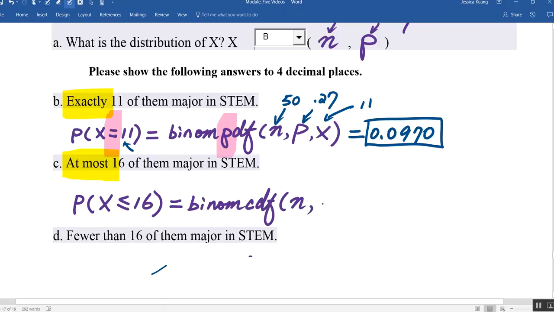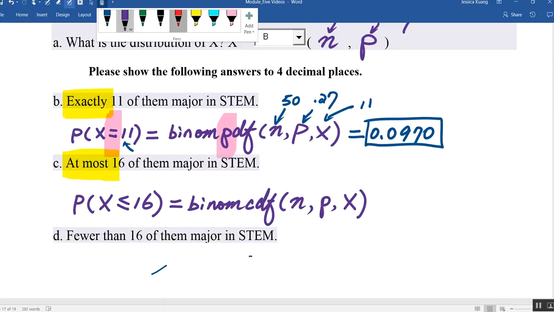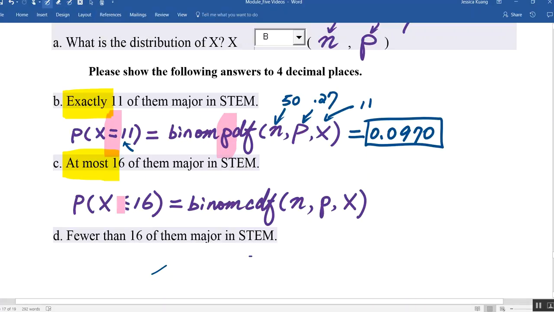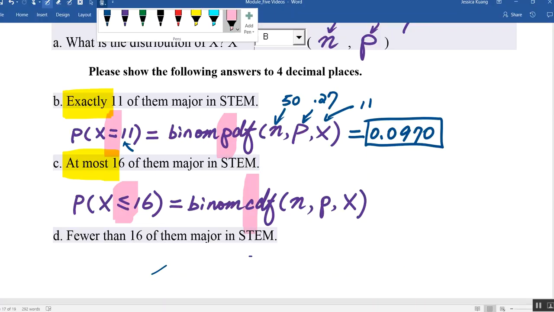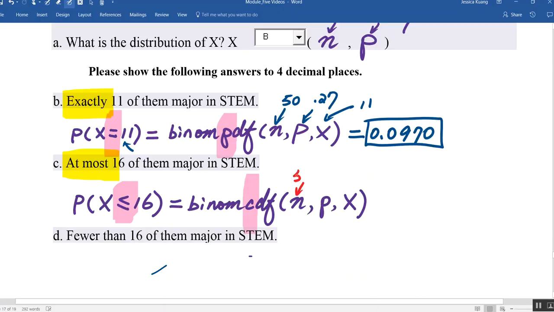And the syntax is n, p, x. So let me highlight that when I have less than or equal to, I will use binomcdf. And n is 50, p is 0.27, and x is 16.